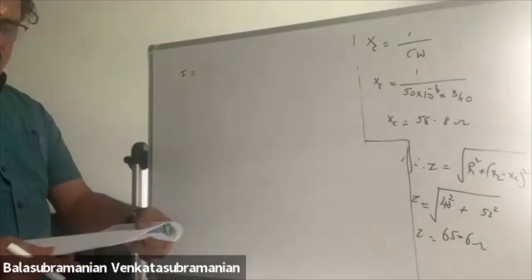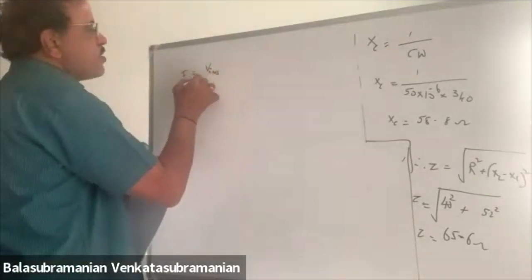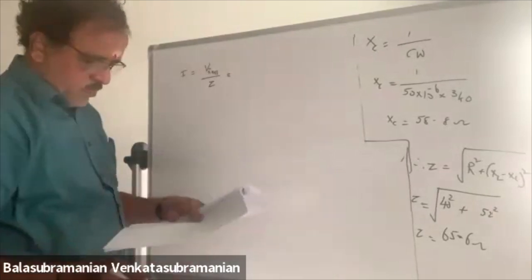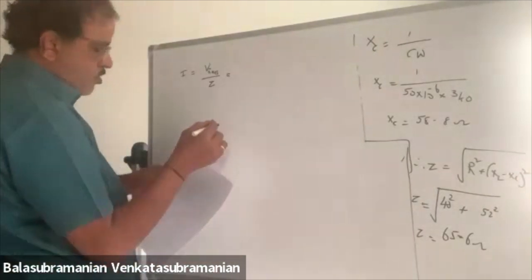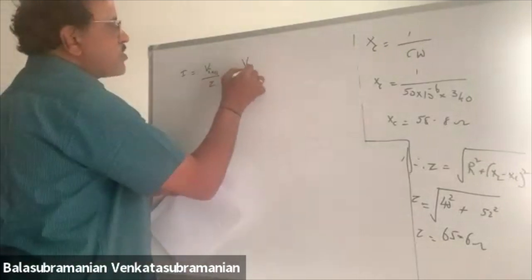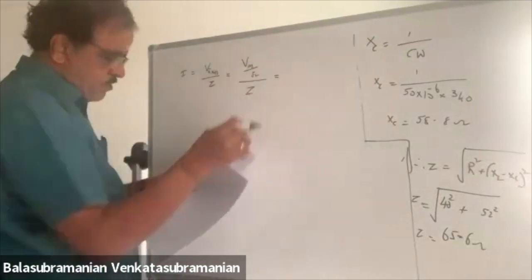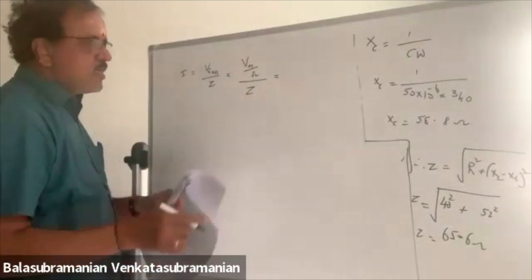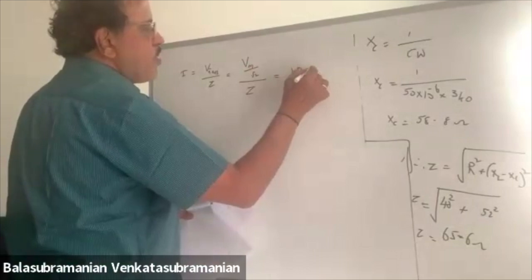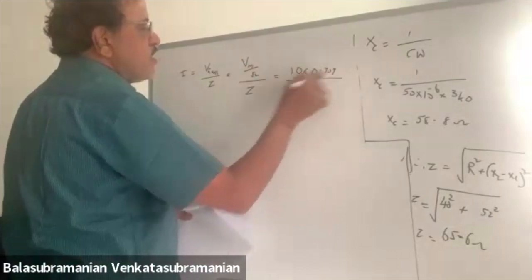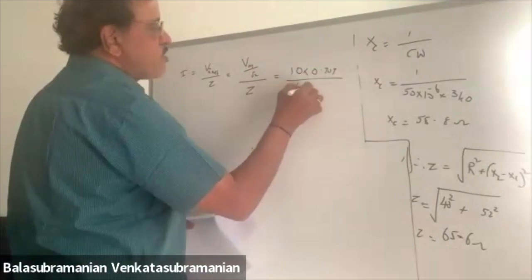I is VRMS by Z. What is VRMS value? VM by root 2, or V0 by root 2. V maximum by root 2 by Z. VM given in the problem is 10 volts. 1 by root 2 is 0.707. Z value 65.6.